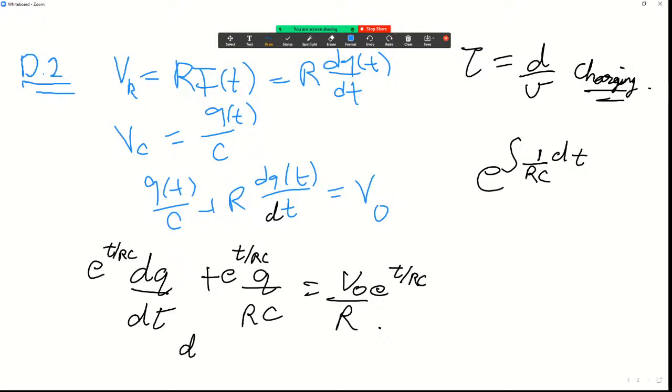Now we would have d of q e to the power t by RC by dt equals V naught by R e to the power t by RC.